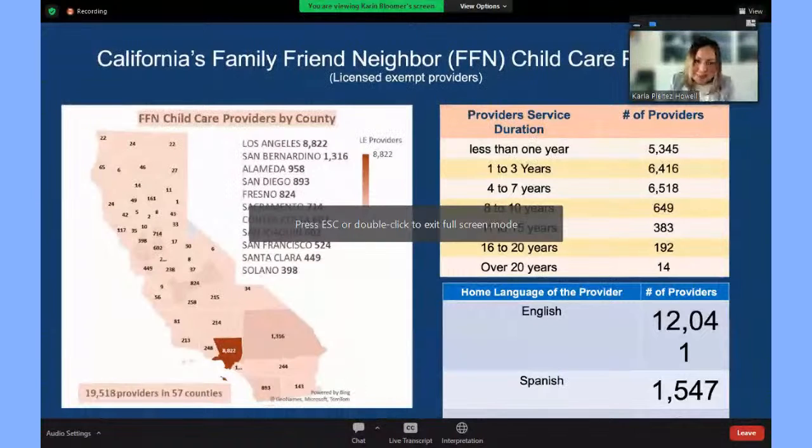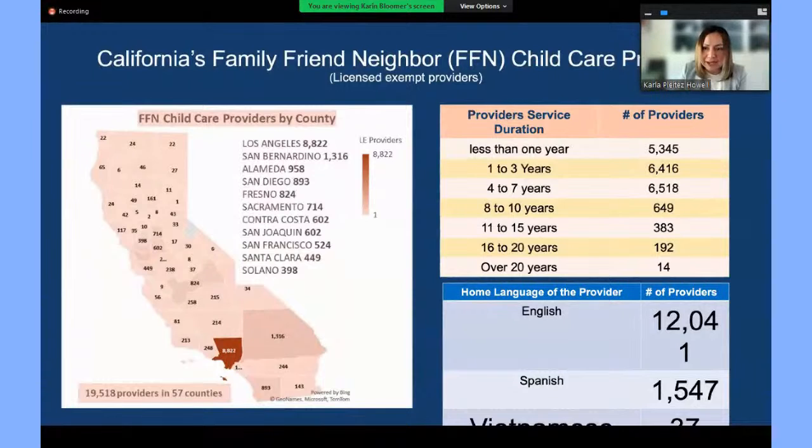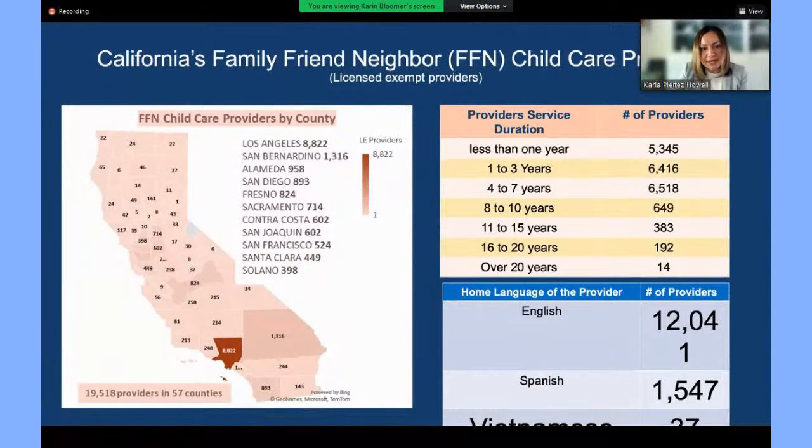So California has nearly 19,500 family, friend, and neighbors in all the counties except one. So 57 counties have family, friend, and neighbors. As you see in the map, Los Angeles has the highest number of family, friend, and neighbor providers, about 8,800.